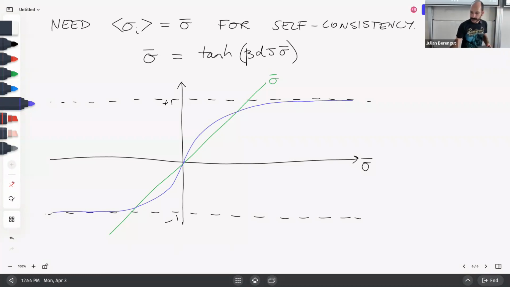This is tanh of beta DJ sigma bar. And importantly, there is a slope here at 0. If you work out what that slope is, it's beta DJ.